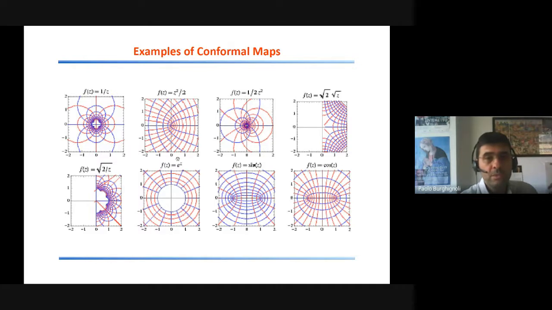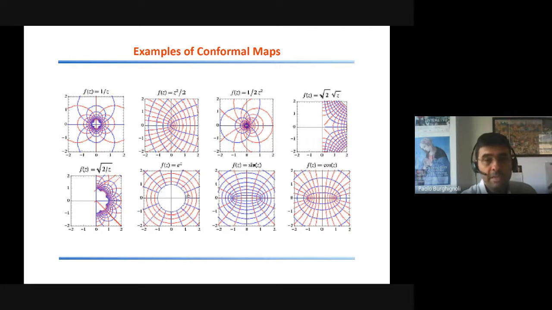Here you can see the exponential map, in which the horizontal lines, so the lines where the imaginary part is constant, are mapped onto the radial lines in blue. Sorry, the vertical lines, so the points where the real part of z is constant, are mapped onto circles, the red circles here, having constant radius.